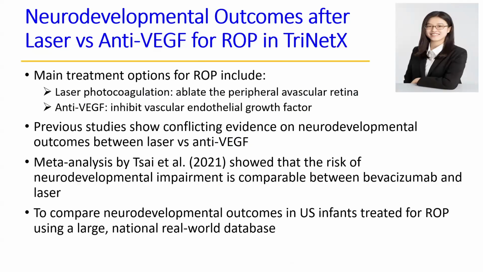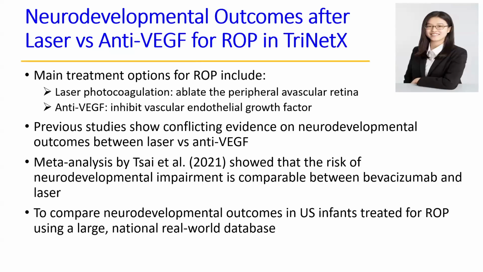And there was one meta-analysis a few years ago that pooled data from many small studies, and they found no impact. So we feel this is a good opportunity because the TriNetX database is huge, and we want to use all available data. We want to study whether antivirals really have any impact on neural development in premature infants with ROP.